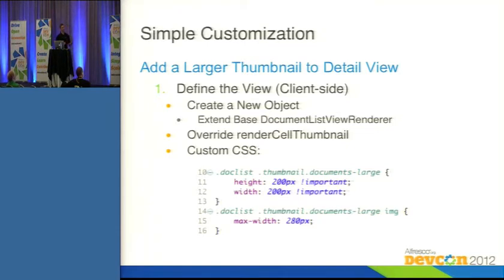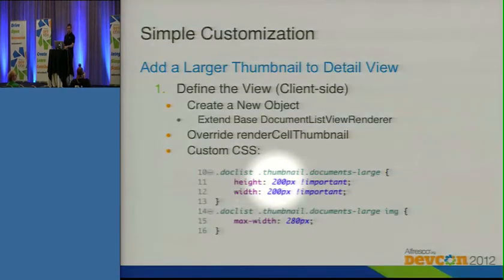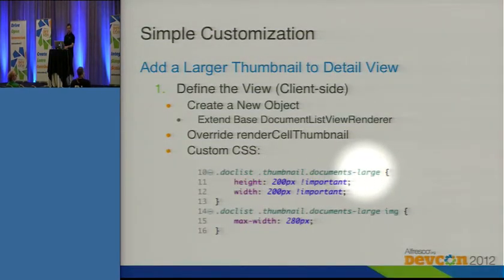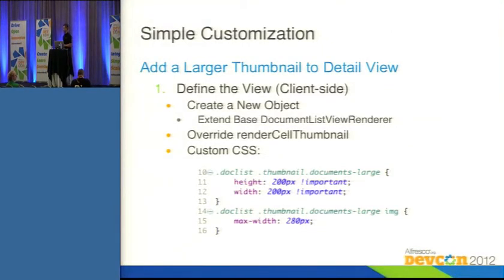Again, the CSS classes that are added to the HTML that's rendered is based on the name we've given this view renderer. And we can see here that documents-large, that was in our rendered span we saw a few slides ago. We're going to provide that CSS here and limit that width because we don't need a full 960 in there.